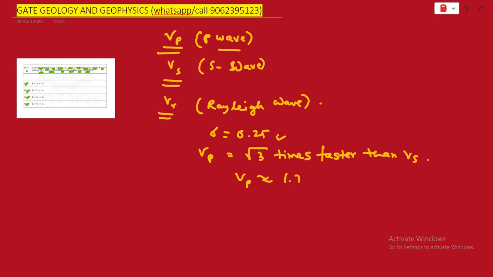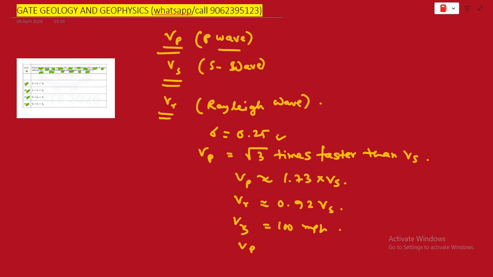For a standard Poisson solid where the Poisson's ratio is 0.25, the average earth rock VP is roughly root 3 times faster than VS. So VP is approximately 1.73 times VS. Okay, and VR is roughly 0.92 times VS.